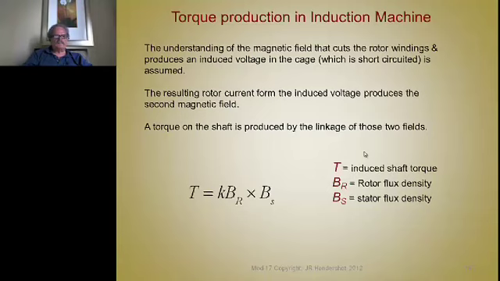That's assumed. The resulting rotor torque from the induced voltage produces the second magnetic field. A torque on the shaft is produced by the second magnetic field. So the torque on the shaft is produced by the linkage of those 2 fields. And we see that here, torque equals a constant times the B rotor field times the B stator field.